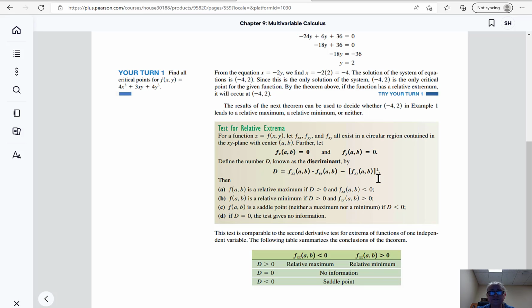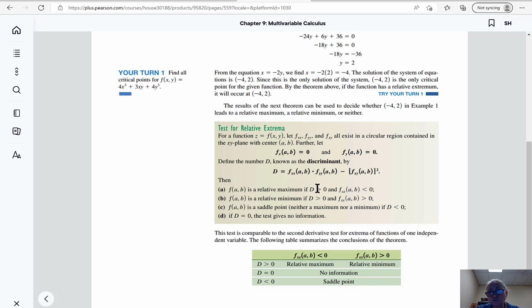Now, here's the test. Find D by multiplying those second order derivatives at the point that you find when you find the first order derivatives and set them equal to 0. If this calculation comes out to be positive, but f sub xx comes out to be negative, then you have a maximum.